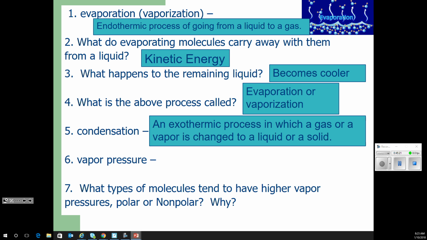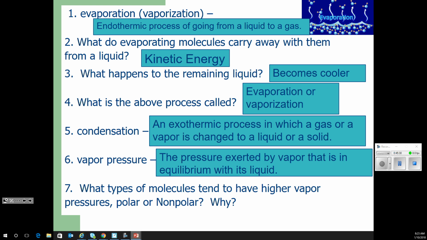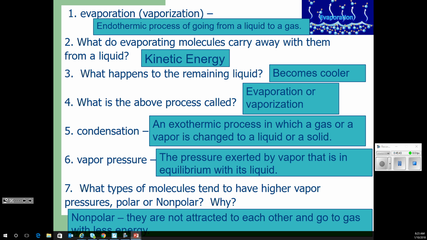Condensation is the opposite. It's an exothermic process where a gas gives up energy and is changed back into a liquid or a solid. Vapor pressure, again, we talked about this in the last slide, is the pressure exerted by a vapor above a liquid, but it's usually in a closed system. What type of molecules tend to have higher vapor pressures? Polar or nonpolar?